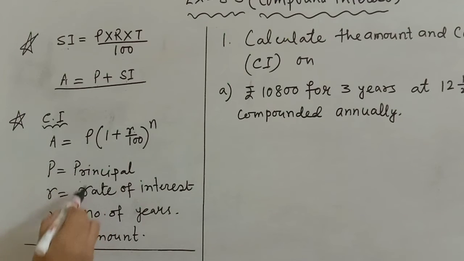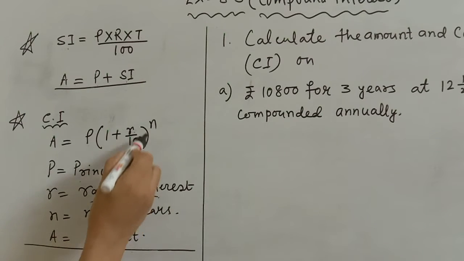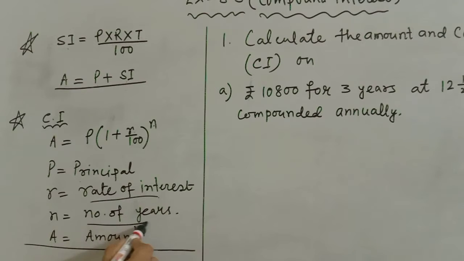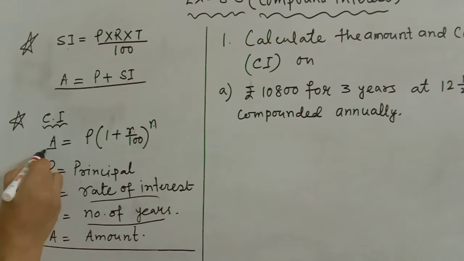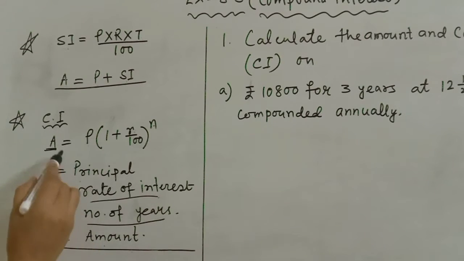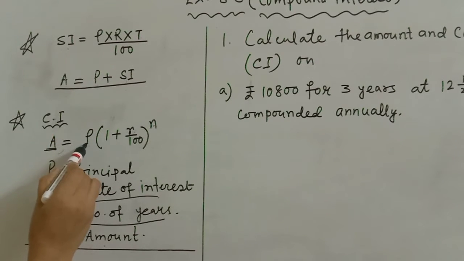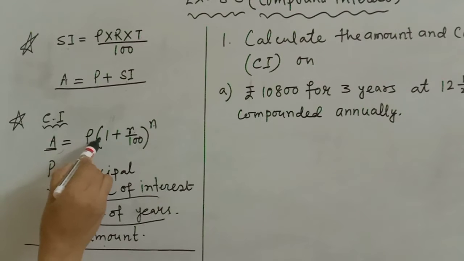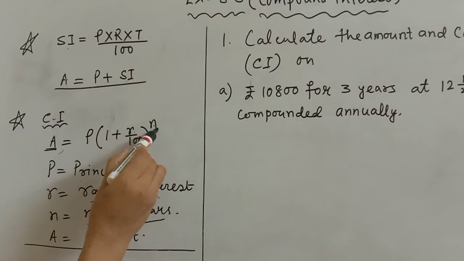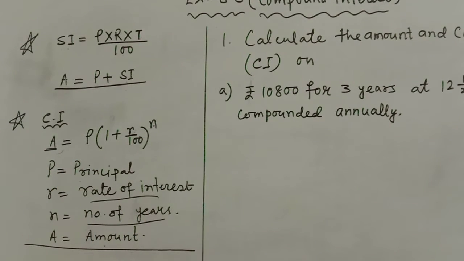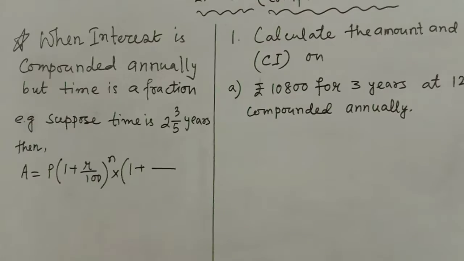What is R? R is rate of interest. And what is n? Number of years. And A is equal to amount. So to find the amount under compound interest, we will use this formula directly: P into 1 plus R by 100 whole to the power n. Now another formula is also there.